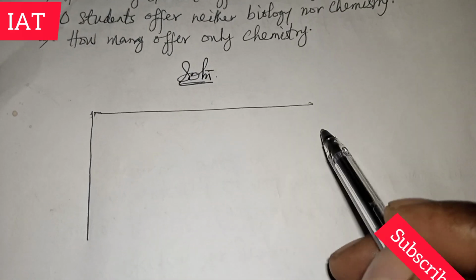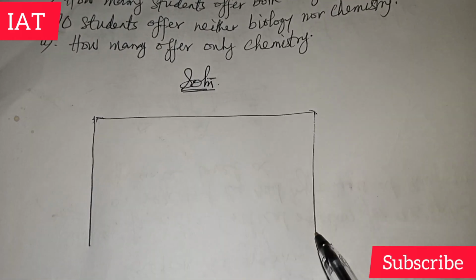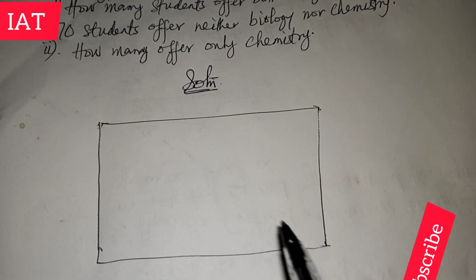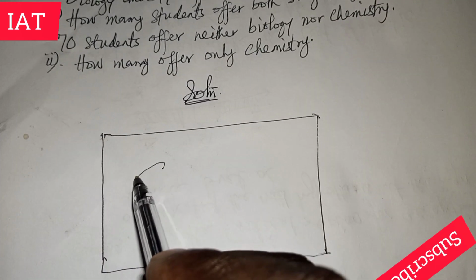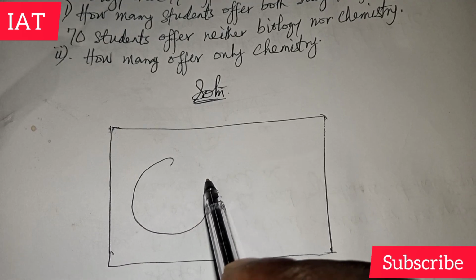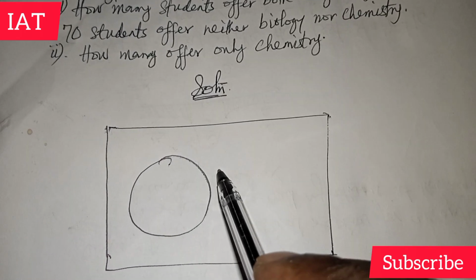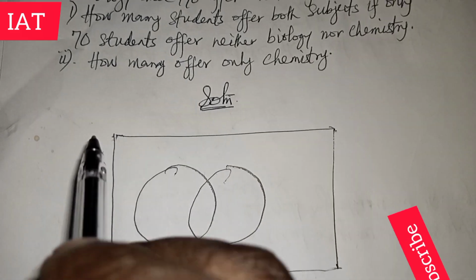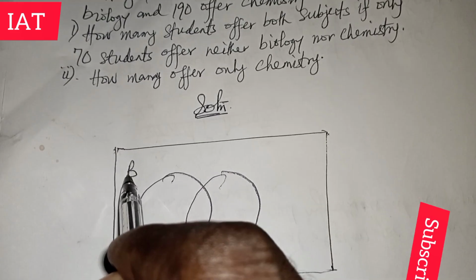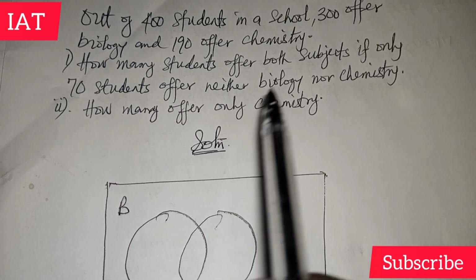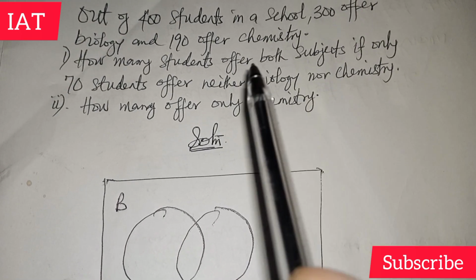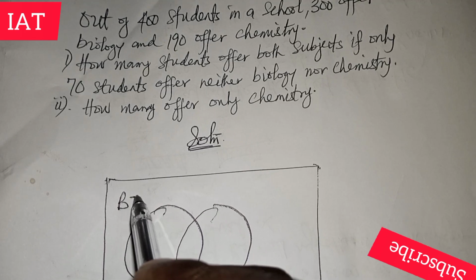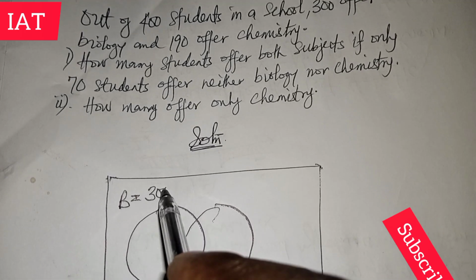So this is a Venn diagram, and in this Venn diagram, the students that offer biology are about 300, so B will be equal to 300.